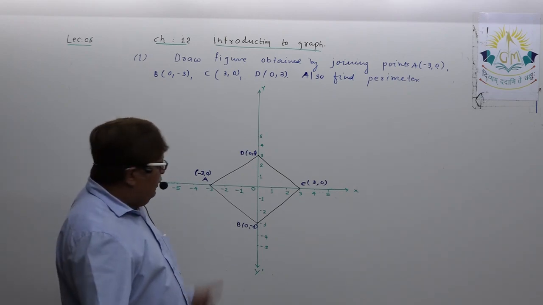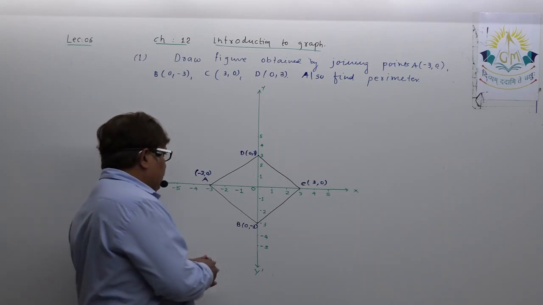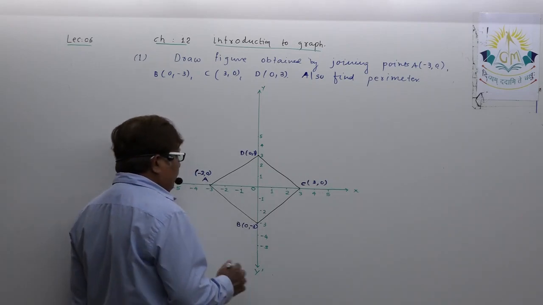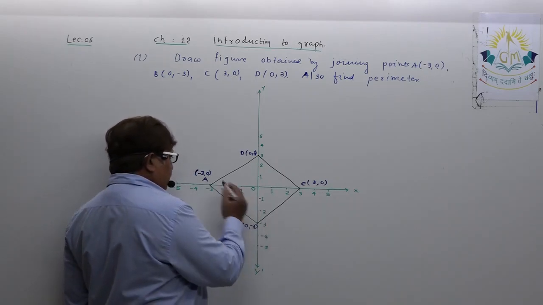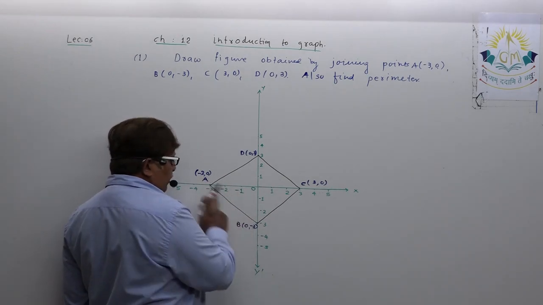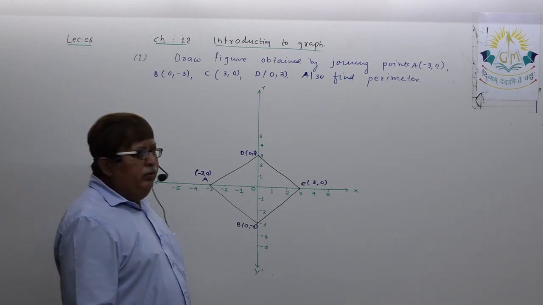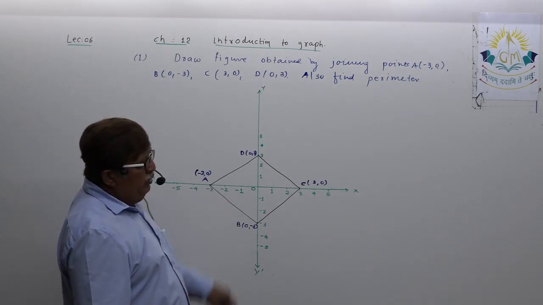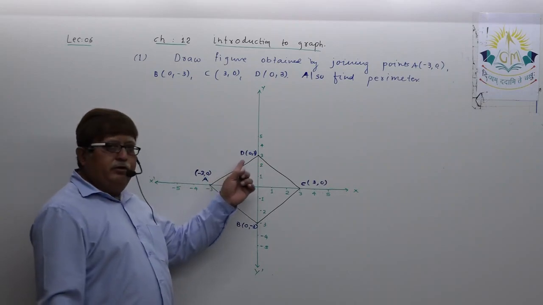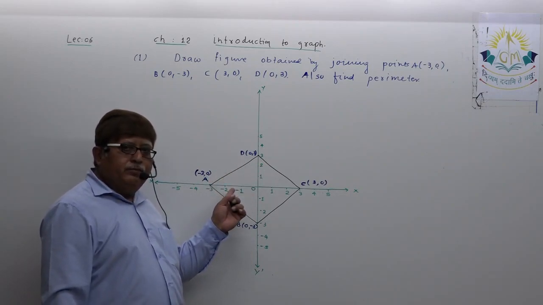So your first answer, understood? One more thing: if you measure all sides with a ruler, you will get around 5.6 on each and every side.